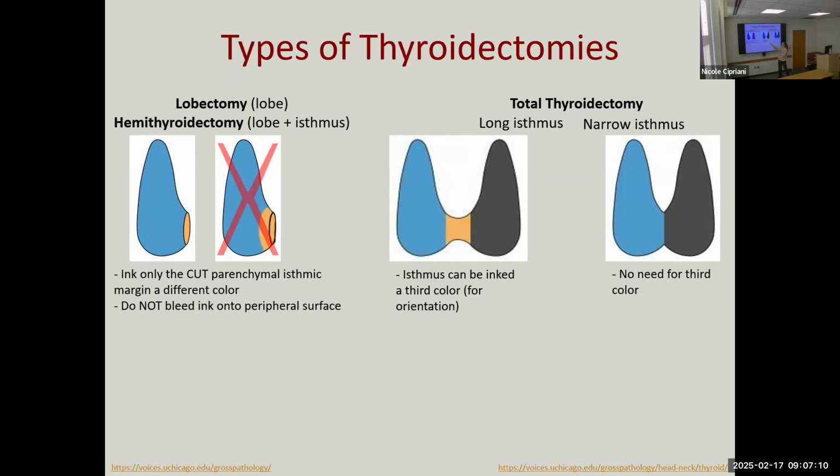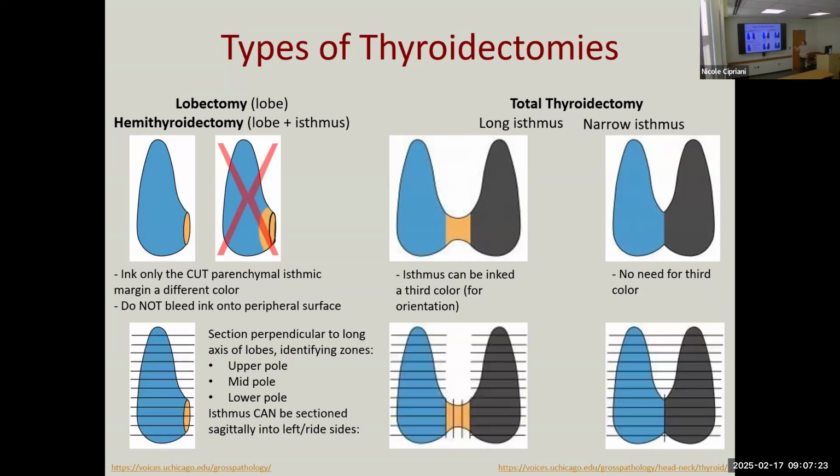So depending on whether it's a total or a lobe, we consider the isthmus a little bit differently. If there is no appreciable isthmus, fine, don't do an orange, just do blue and black. I don't care. Generally, if there's a really narrow isthmus, you can just section the whole thing crosswise. If it's a really long isthmus, that's when you can do left to right.